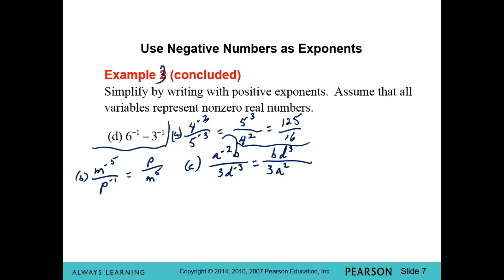The things without negative exponents stay right where they were. The B stays upstairs, the 3 stays downstairs. They didn't have negative exponents with them. Those with negative exponents flip across the line. The a to the minus 2 up here becomes a squared down there. D with the minus 3 down here moves upstairs and becomes D cubed.